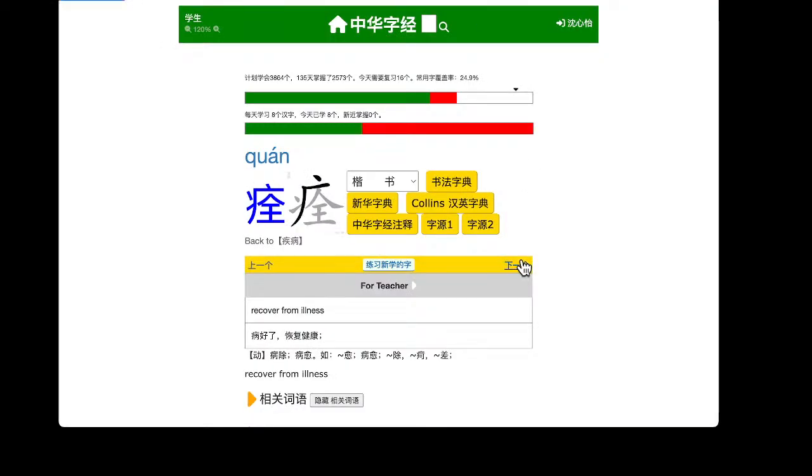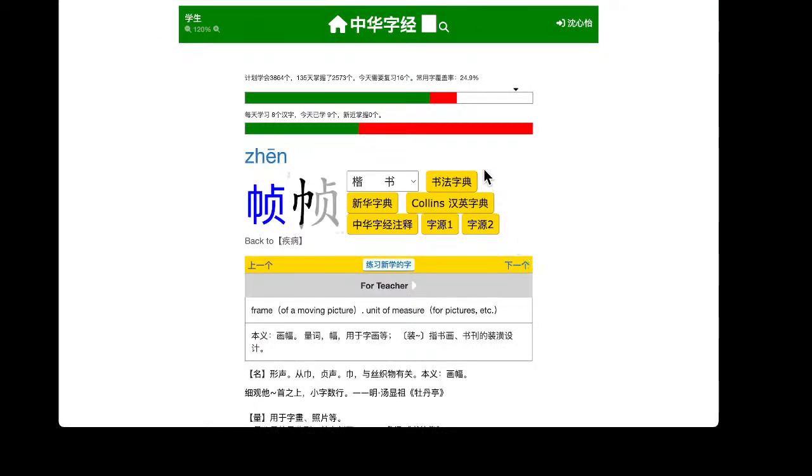Okay, line 2. 真 starts to get a little abstract here. 真 refers to a frame of a moving picture, like 24 frames per second. Or it can also be a unit of measure for pictures, images, photos, paintings. 真. If you look at the etymology of this, on the left is 经, which is like a towel or a cloth sign sort of thing.